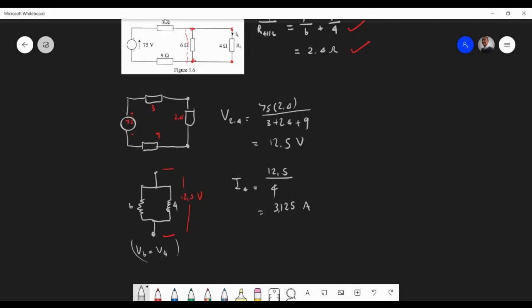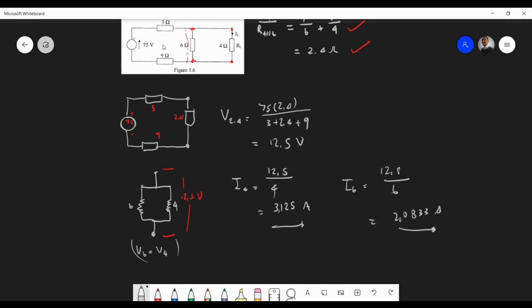To make sure that we're correct, another thing we can do is find the current in the 6 ohm resistor. That's 12.5 divided by 6, which gives us 2.0833 amps.